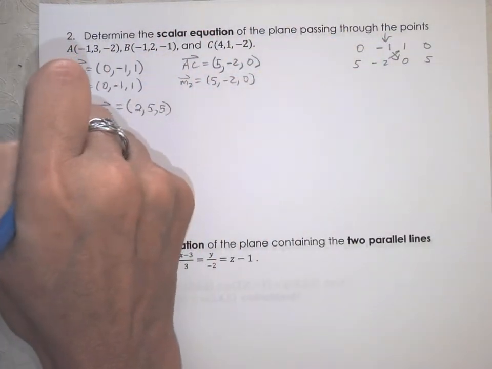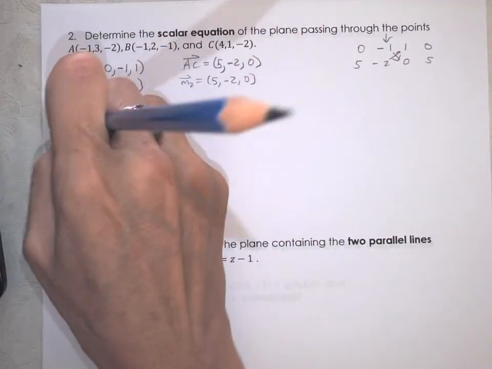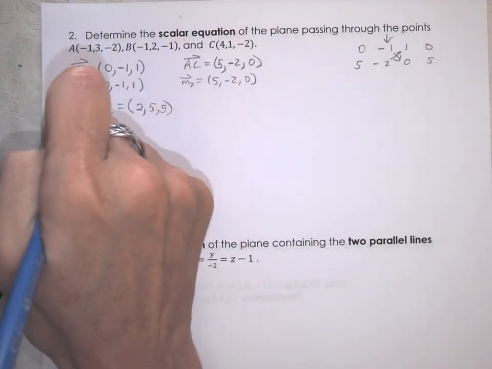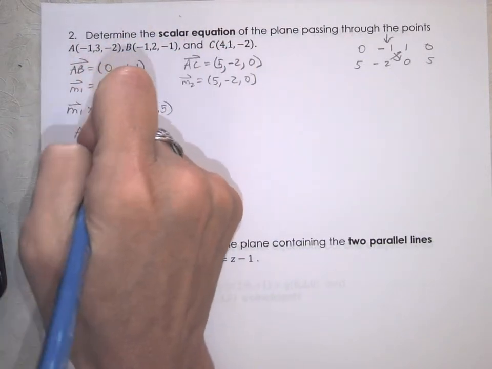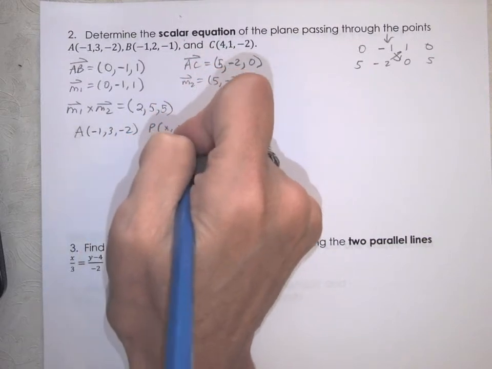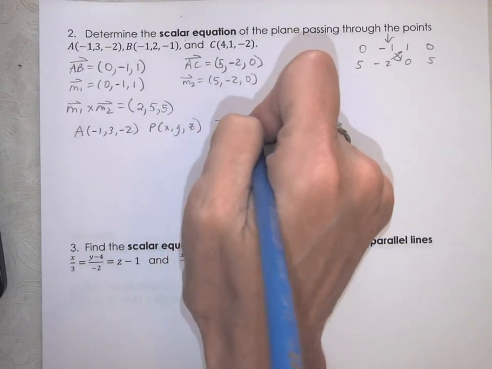So we've got our Q as a known point. Instead of using Q, I can use A if I want to. P is my general point that lies in the plane, and my normal is 2, 5, 5.